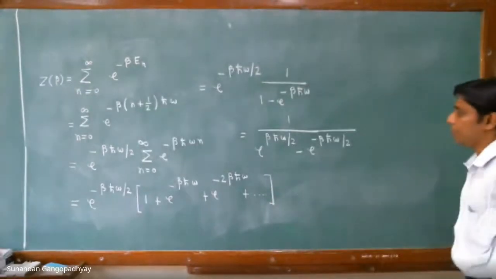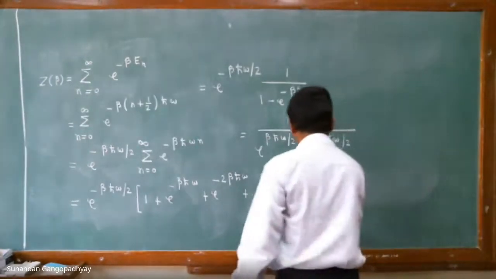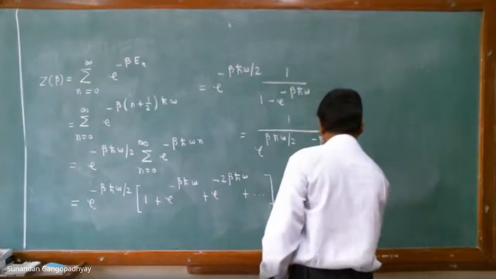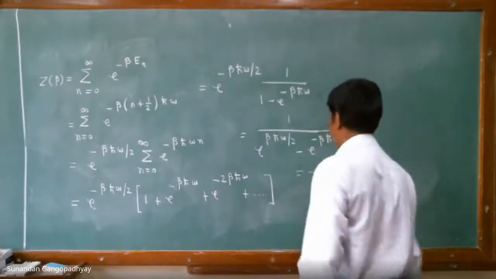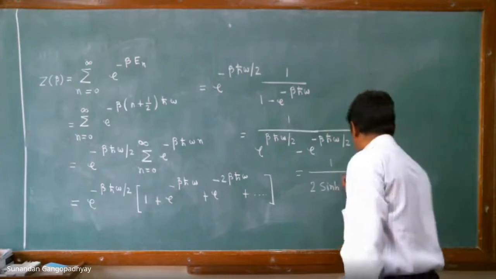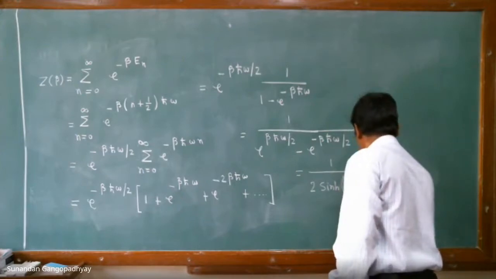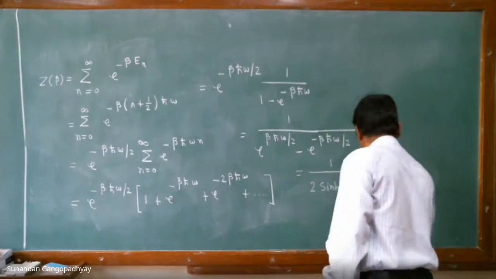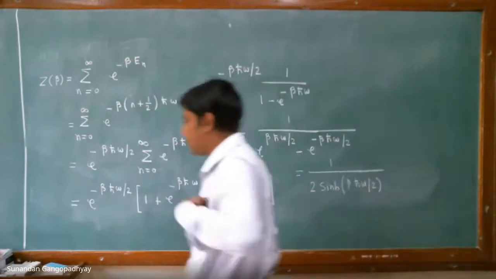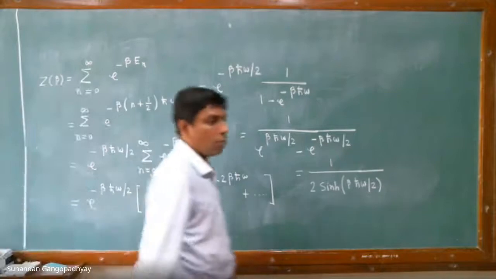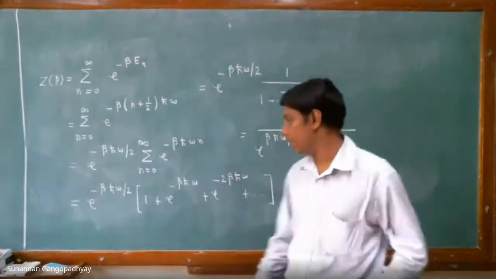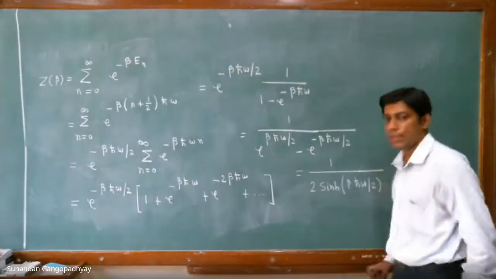So this is what we shall have, and therefore this is equal to 1 by 2 sinh of beta h bar omega. This is the standard answer for the partition function of a one-dimensional quantum harmonic oscillator. This is the result.